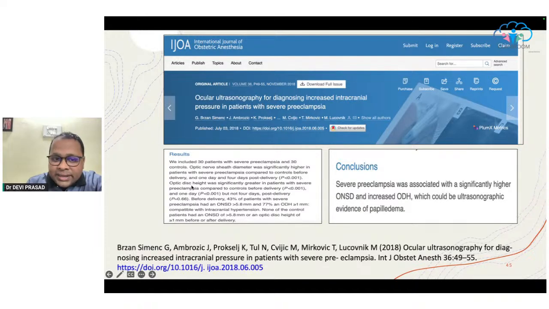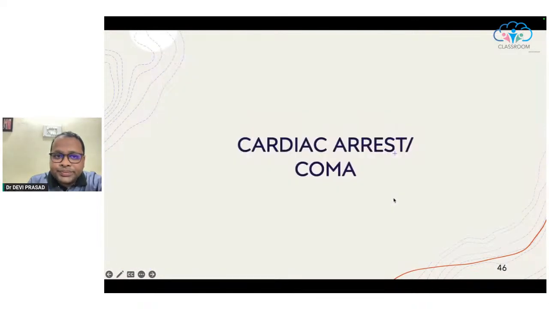Similarly, the optic disc height was significantly greater in patients with severe preeclampsia, and they concluded that severe preeclampsia was associated with a significantly higher ONSD and increased optic disc height, which could be the ultrasonographic evidence of papilledema.